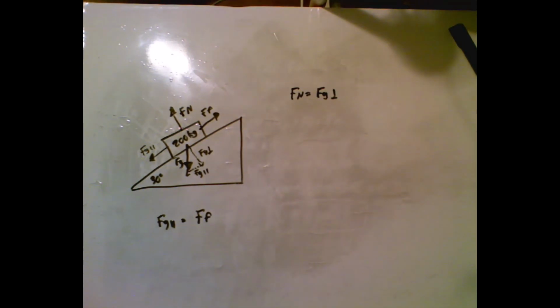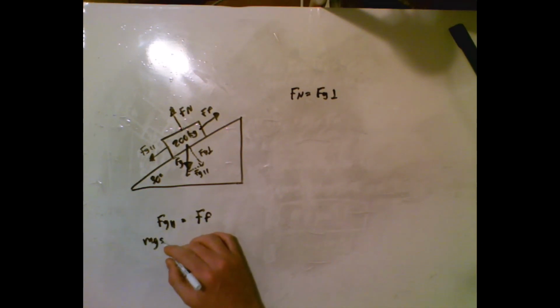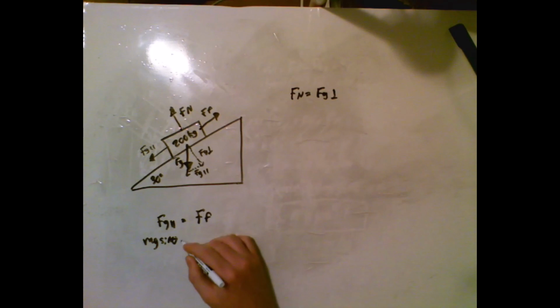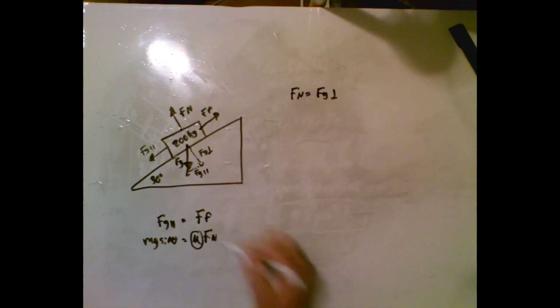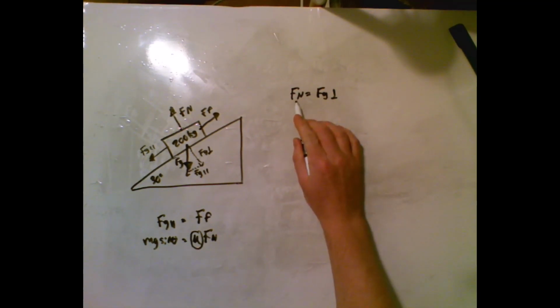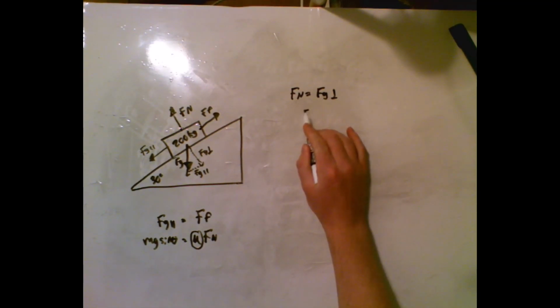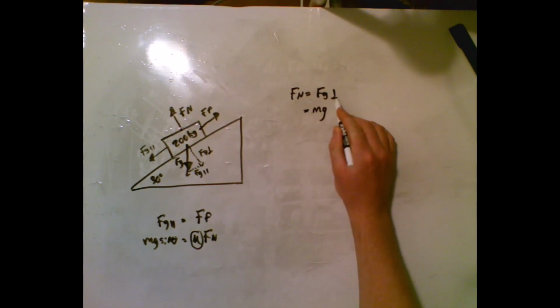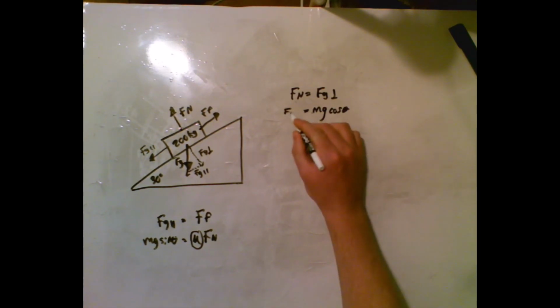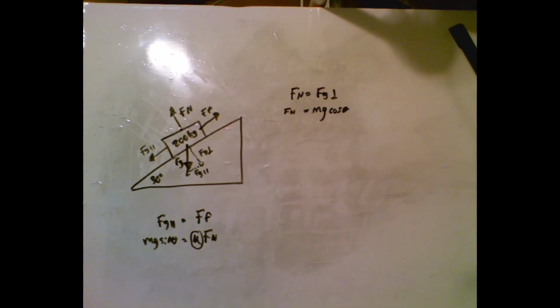Right? So I'm going to break this formula down. So Fg I can break down into mg, times sine, force of friction equals mu Fn, and that's what we're trying to find to determine the coefficient of friction. And I also know that my force normal is equal to this guy, right? So Fg always breaks down into mg, and this perpendicular one breaks down into cos, like that.